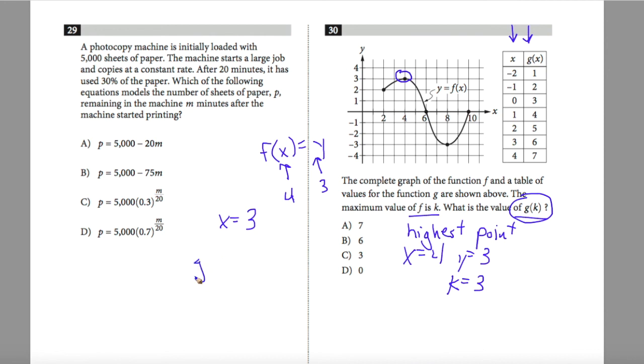So if I have g of k equals g of 3, meaning that x is equal to 3, I'm going to go down and look here. When x is equal to 3, my g of k, or my g of x, is going to equal 6. So 6 will be my answer for question 30.